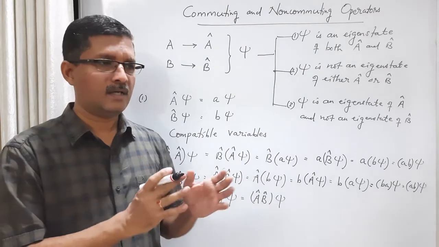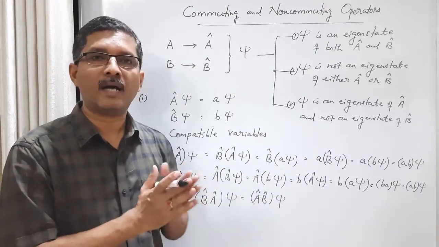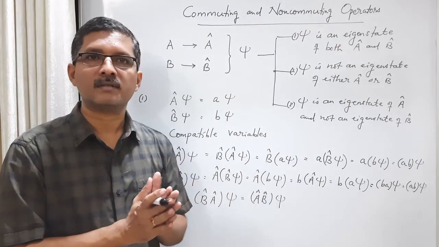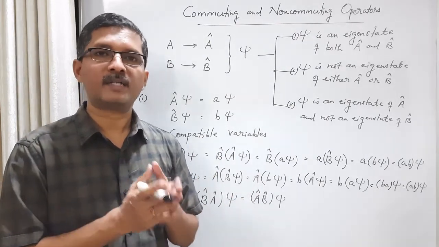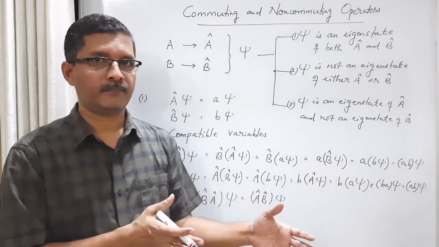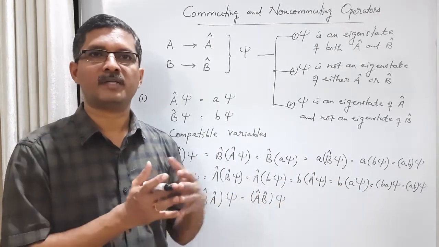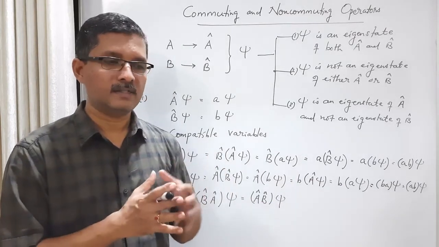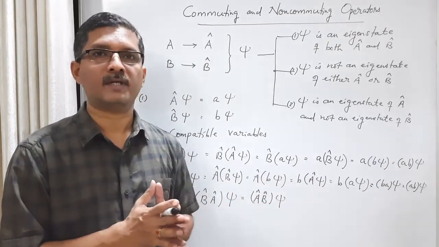We can keep in mind that a complete set of eigenstates means any general state of the system can be expressed as a linear combination of all these eigenstates. Then we say that these eigenstates form a complete set of eigenstates.